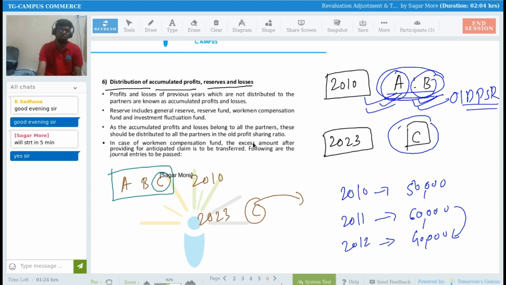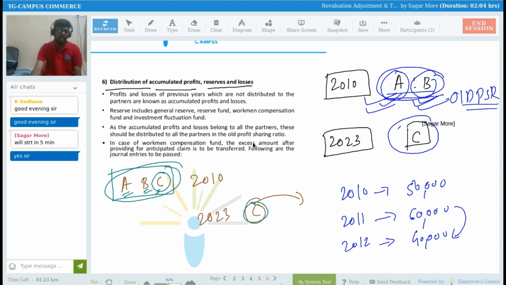So if partner C is going out of the business today, we have to pay him back his portion of accumulated profit, reserves and losses. In case of retirement of a partner, the logic is the same. Only thing is we have to distribute accumulated profit, reserves and losses among all the partners, including partner C, that is the retiring partner, because he was there in the business.